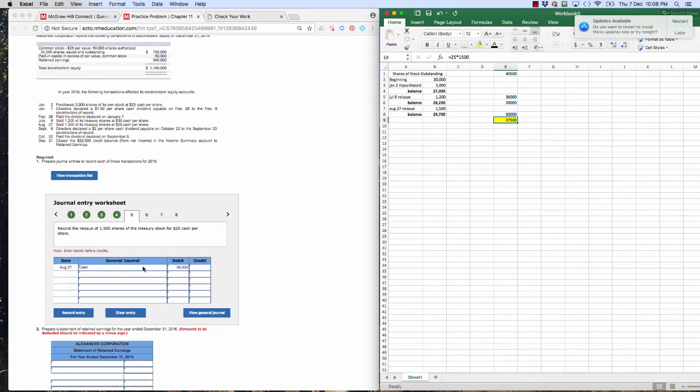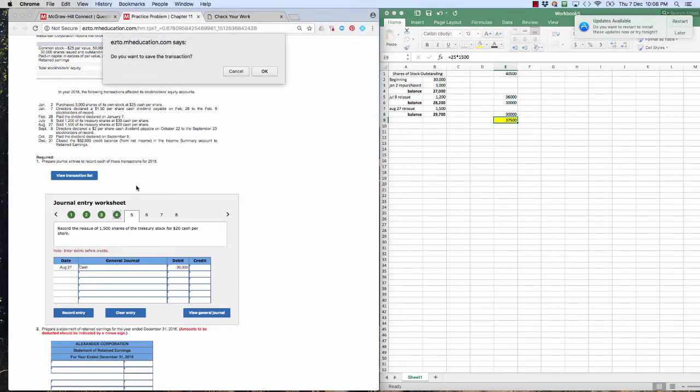And in this case, we have our paid-in capital. Let's see, I'll record this temporarily. Yep. Here we had paid-in capital of $6,000. The rule with treasury stock is that we can't have a negative paid-in capital. So we can't jump over here and just say, oh, well, now I'll take $7,500 out of paid-in capital, because then that would be a negative amount. So we had $6,000 in paid-in capital.